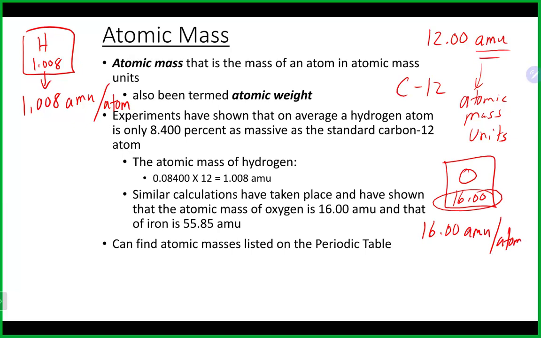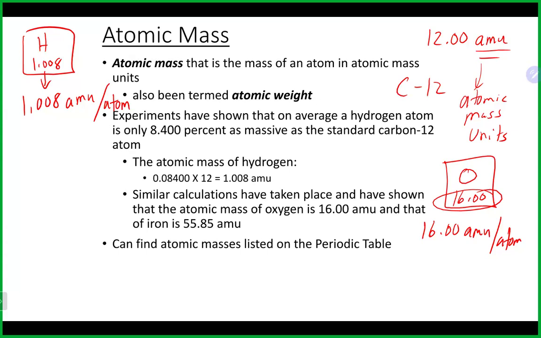So this carbon-12 isotope has exactly 6 protons and has a mass of exactly 12. Basically what they did is some experiments and said, well, for example, hydrogen is only about 8.4% as big as the carbon-12 isotope.